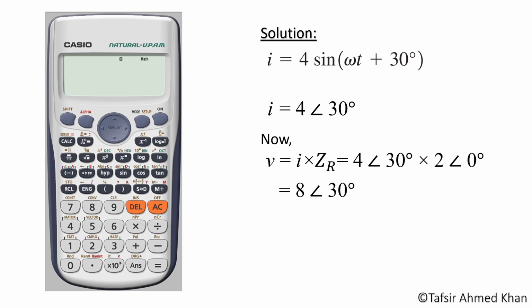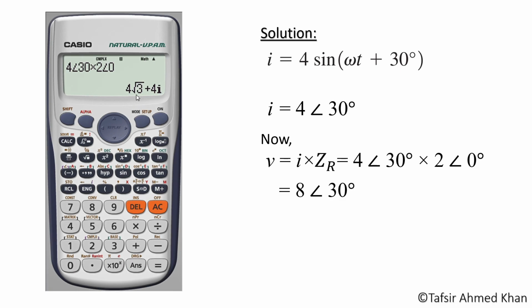At first we need to change the mode to complex. This is a must. Then 4 angle 30 into 2 angle 0. That gives us 4 root 3 plus 4i.